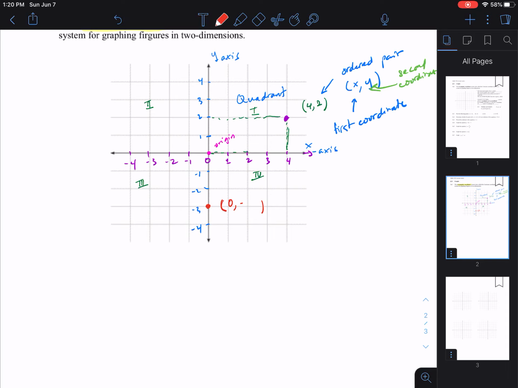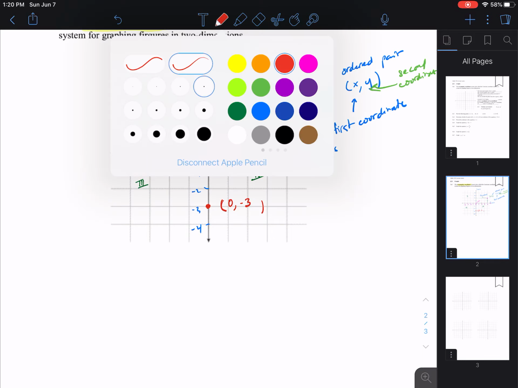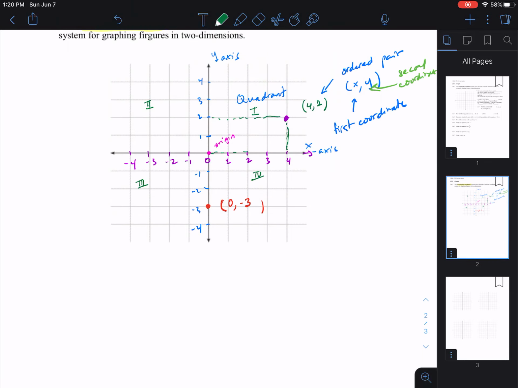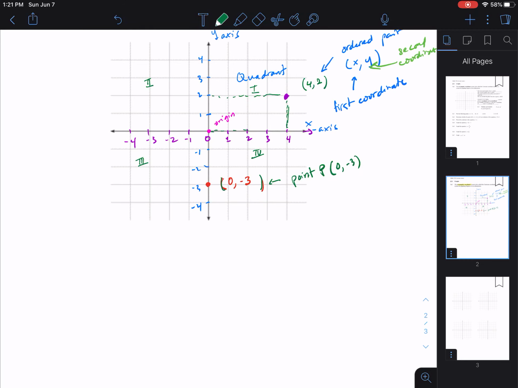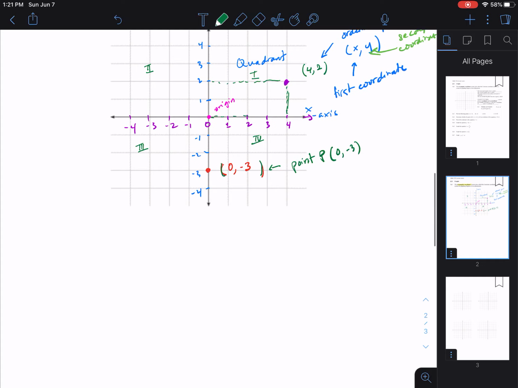So it's going to be negative 3 for the y coordinate. So in this case, we can name this point by its location. Let's say this is point P. So point P has the coordinates 0, negative 3. So in this case, point P here is not in any of the quadrants. It's actually on the y-axis. So we say point P is on the y-axis.